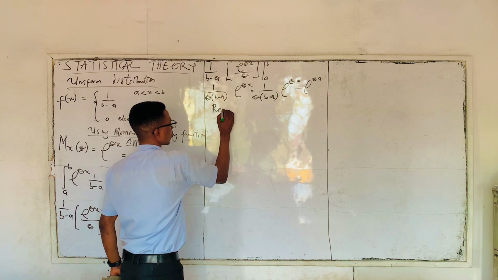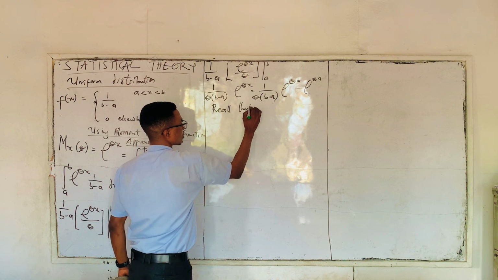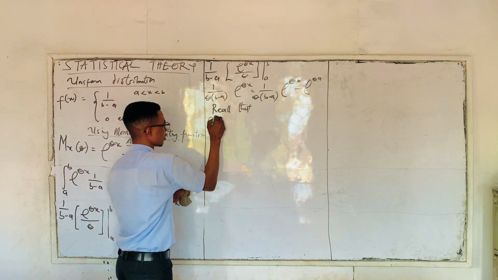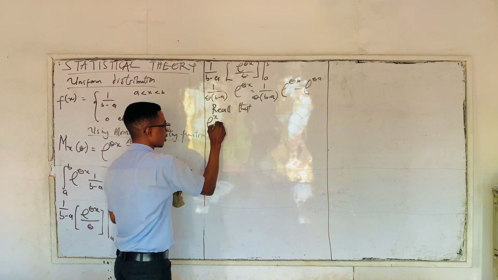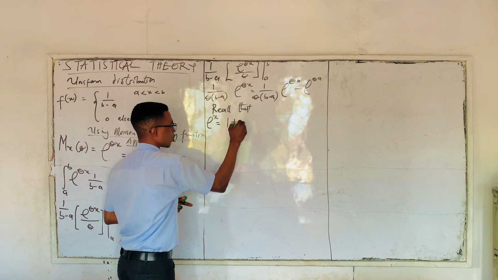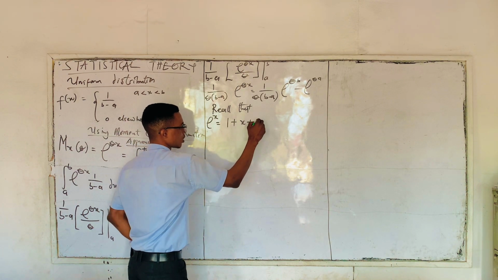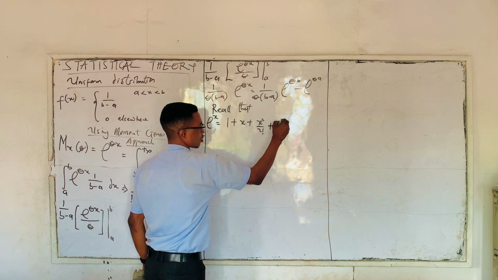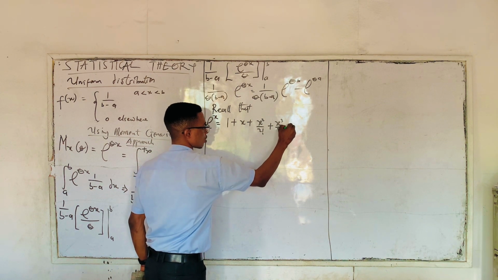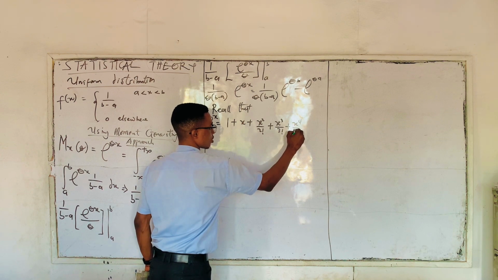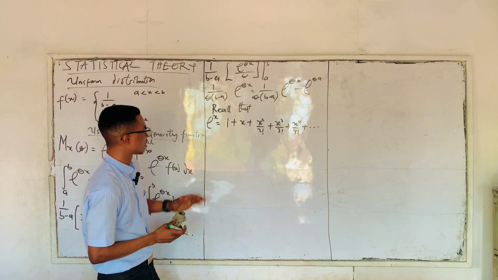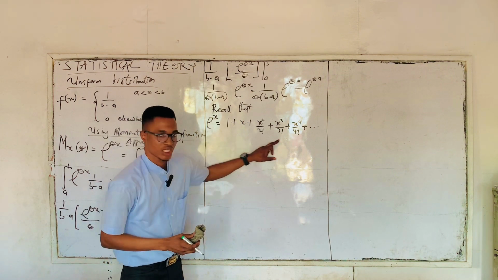Recall that the Maclaurin series of exponential x is equal to 1 plus x plus x squared over 2 factorial and so on. Yes, this is the Maclaurin series of exponential x.